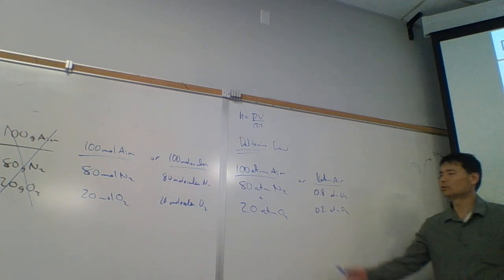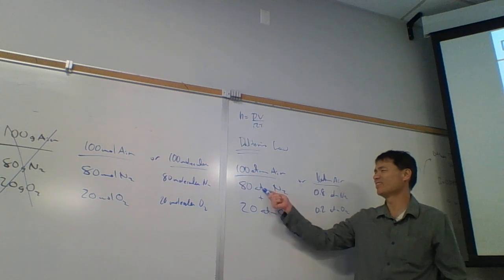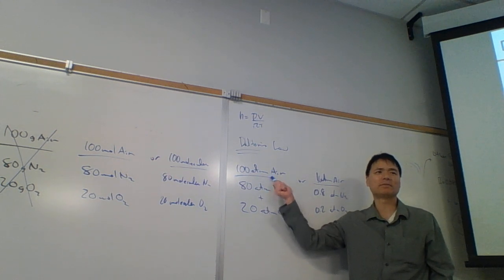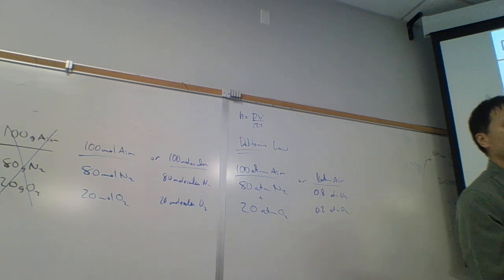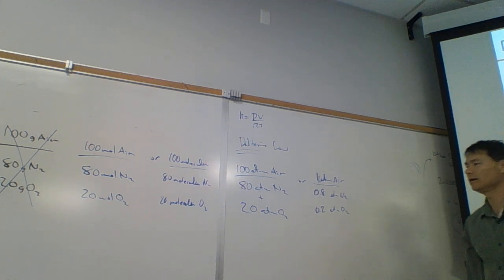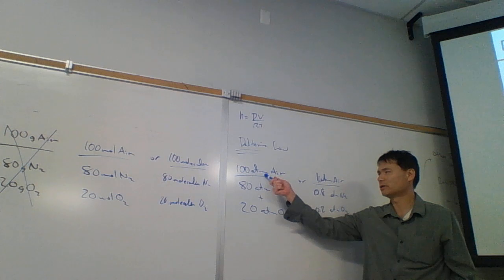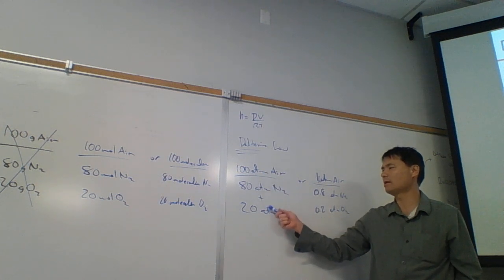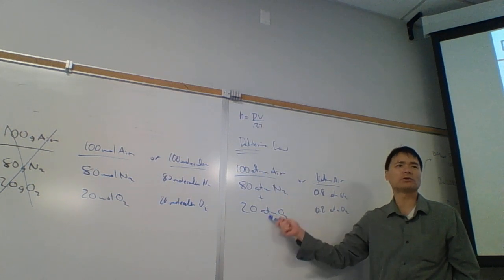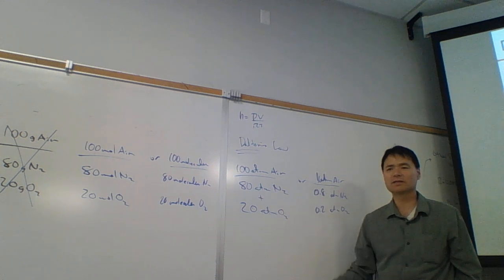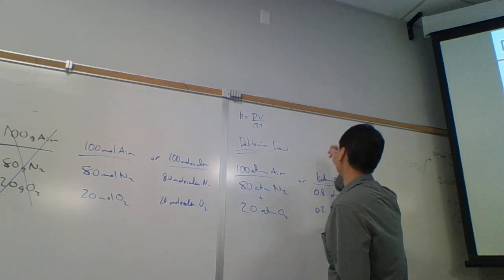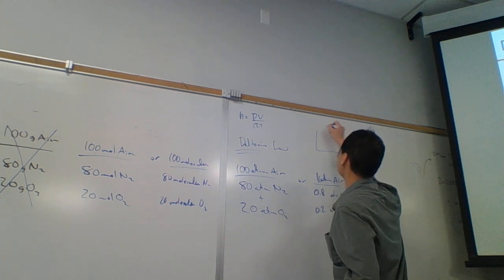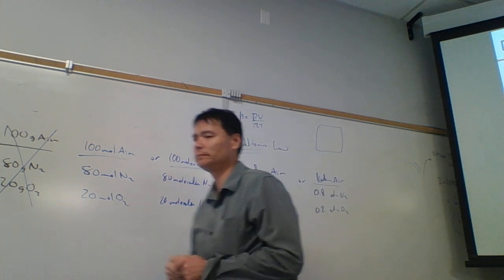Yes, 20 atmospheres plus 80 atmospheres gives us 100 atmospheres. So what Dalton's law of partial pressure says is that the total pressure is equal to the sum of the individual or partial pressures. So we just add up all the gases. This makes sense because if I look at a container, let's say this container contains nitrogen and oxygen.